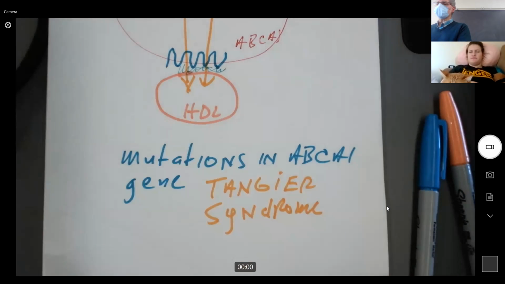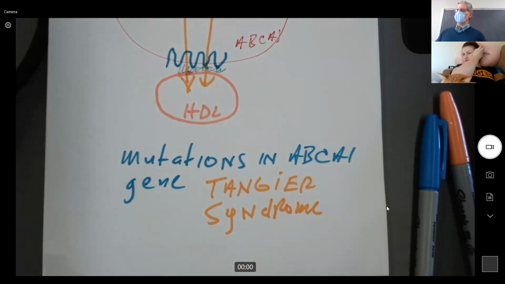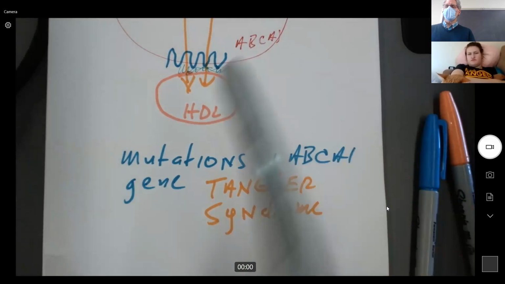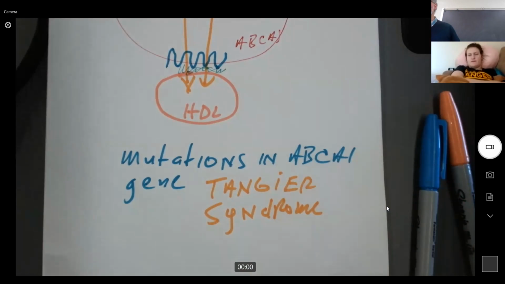So this process is ATP dependent, but by effluxing cholesterol, it's very clear. This comes mainly from work done in rodents, but also from mutant studies in humans. In rodents, if you increase ABCA1 levels artificially, you increase the amount of HDL. You also increase the efficiency of HDL, and you greatly decrease serum cholesterol levels, and you decrease the tendency for atherosclerosis.